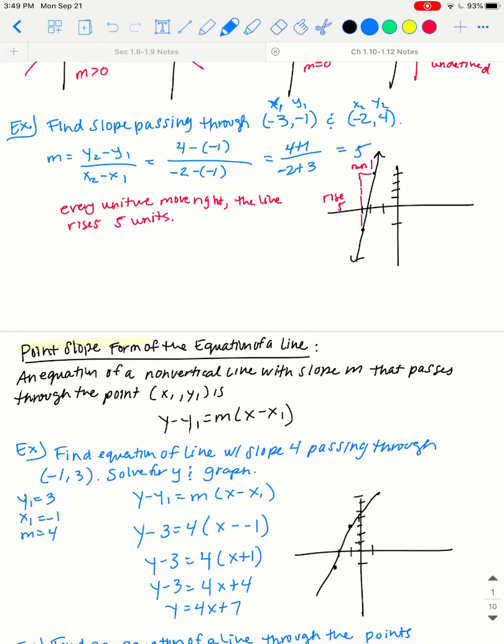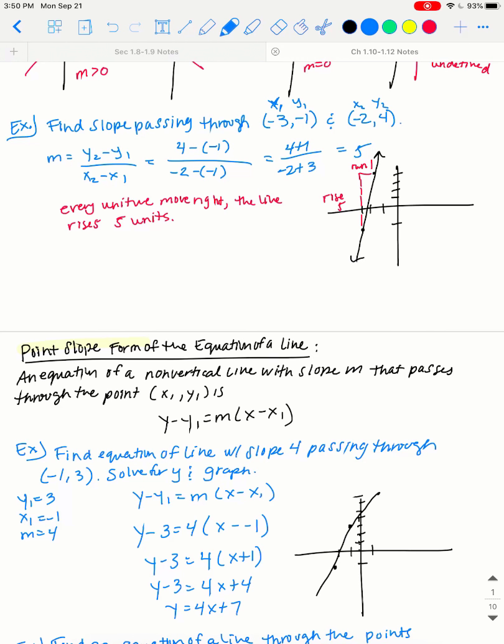That is 4 minus -1 over -2 minus -3, which ends up being 4 plus 1 over -2 plus 3, which is 5. This means, in words, that with a slope of 5, every 1 unit we move right, the line rises 5 units.